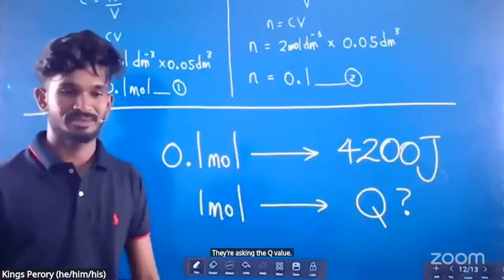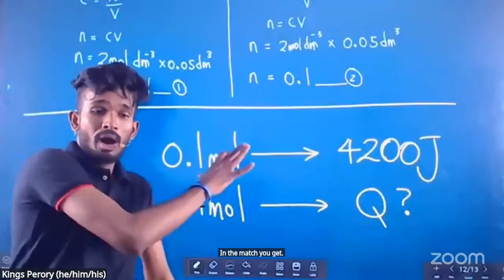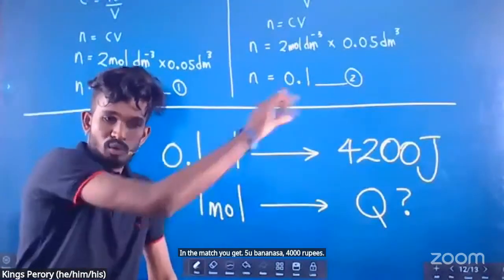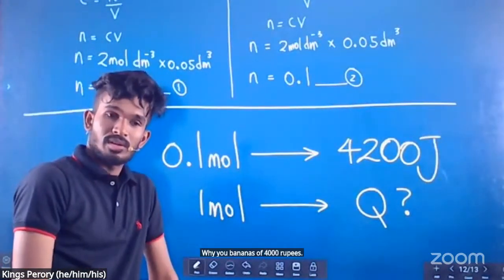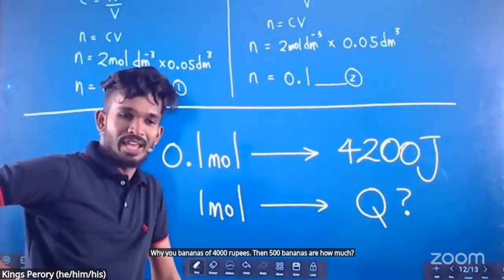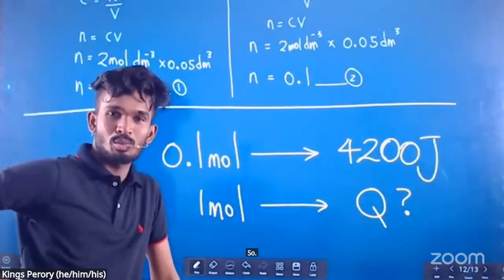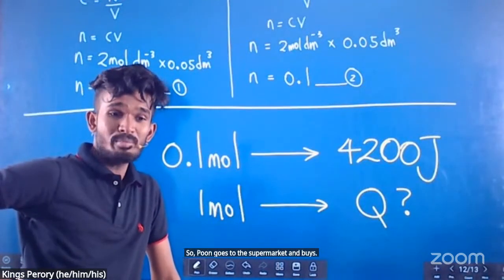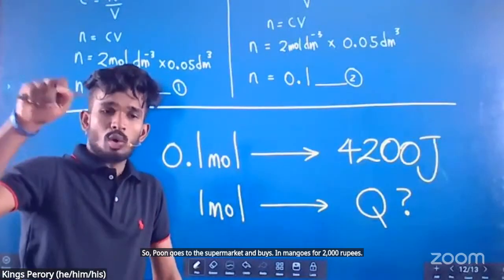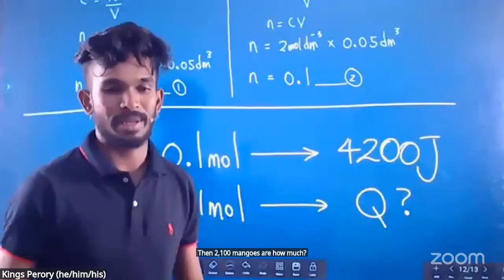Simple maths. Five bananas are 4,000 rupees, then 500 bananas are how much? Supun goes to the supermarket and buys 10 mangoes for 2,000 rupees, then 2,100 mangoes are how much? Same type.